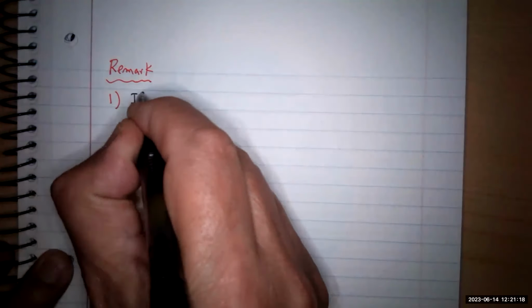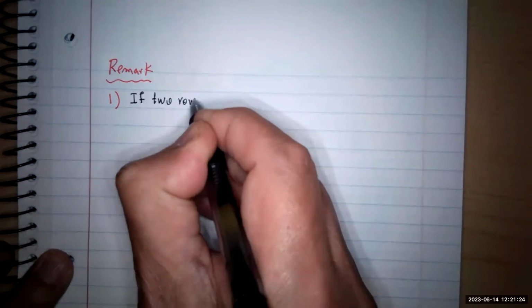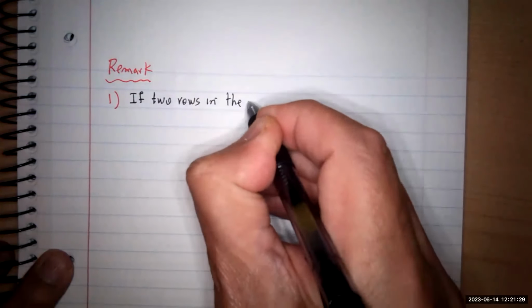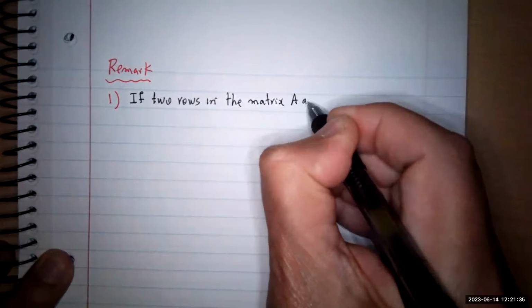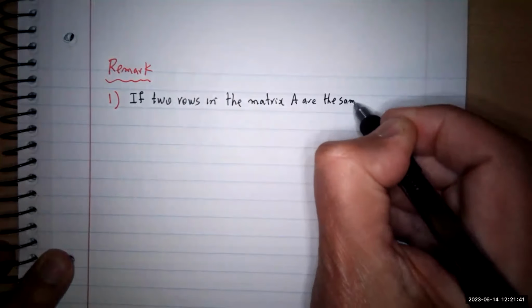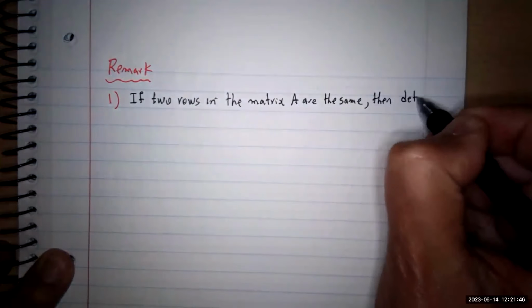So the first thing that we're going to use is this one. If two rows in the matrix, if you like, matrix A, are going to be the same entry, then the determinant of the matrix is 0.